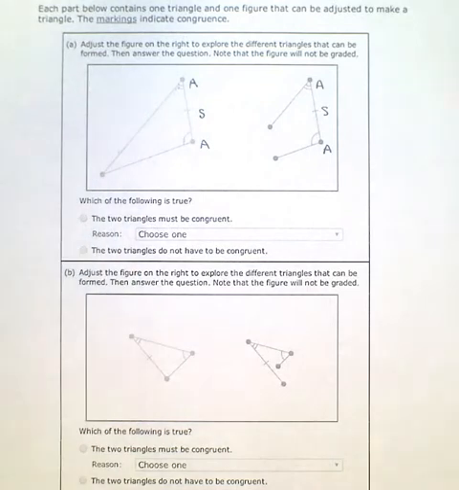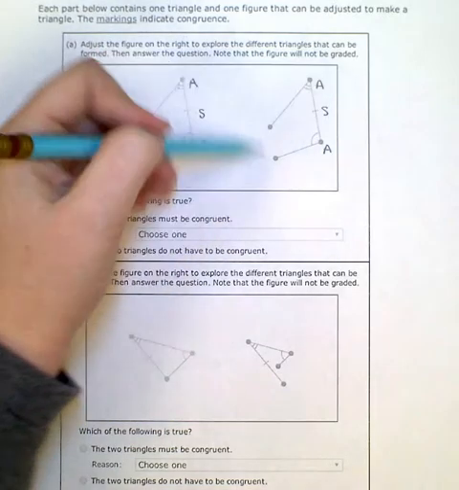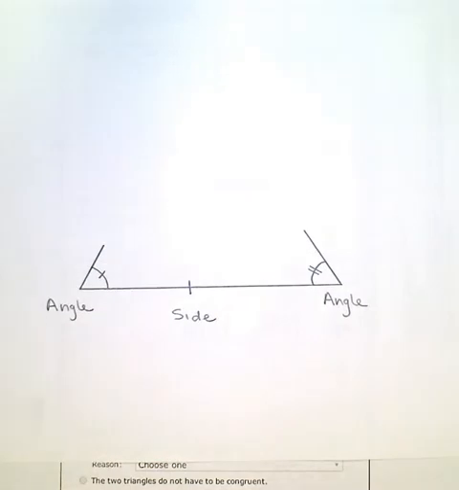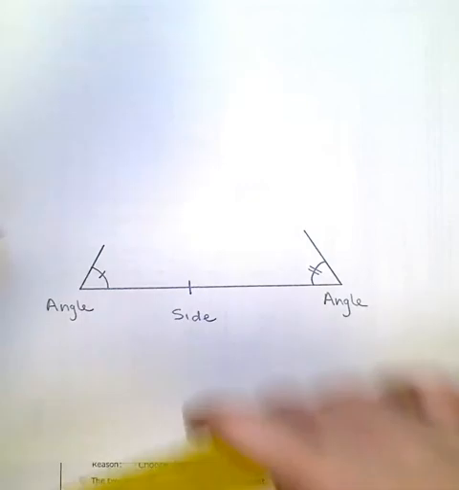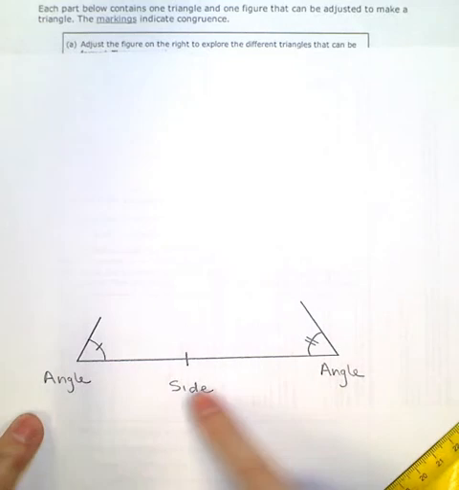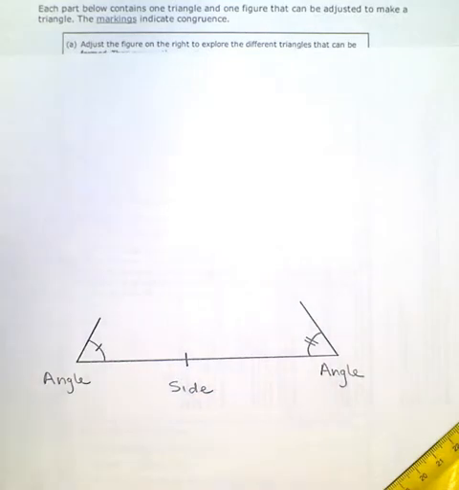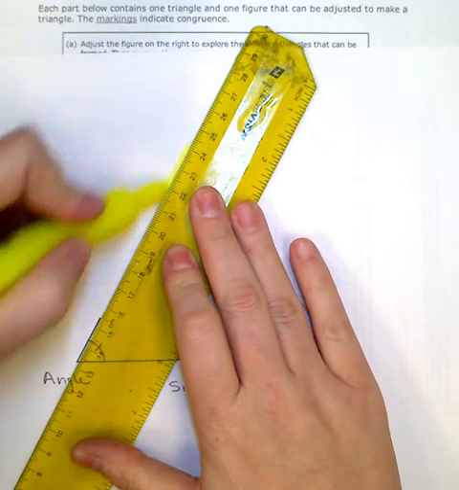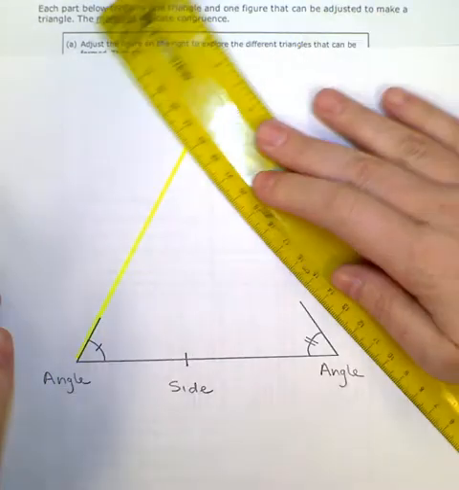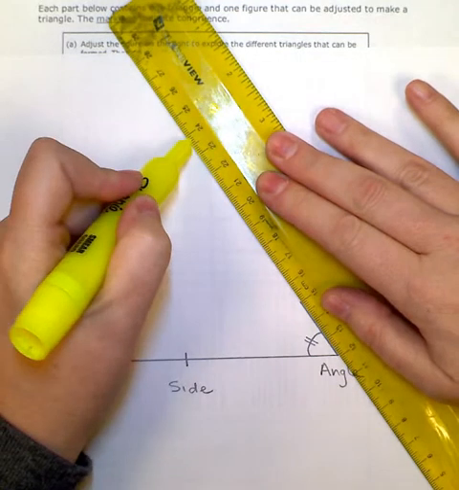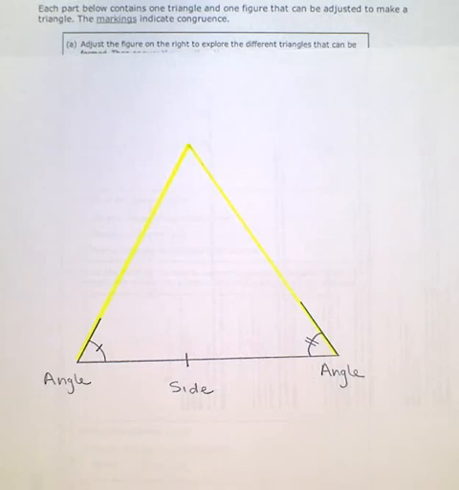If you play around with this, or here I've given myself a little drawing, there really is only one way to finish out this triangle. If those three, angle, side, angle, can't change, then the rest of the triangle will only complete itself one way. You'll only be able to make one triangle.